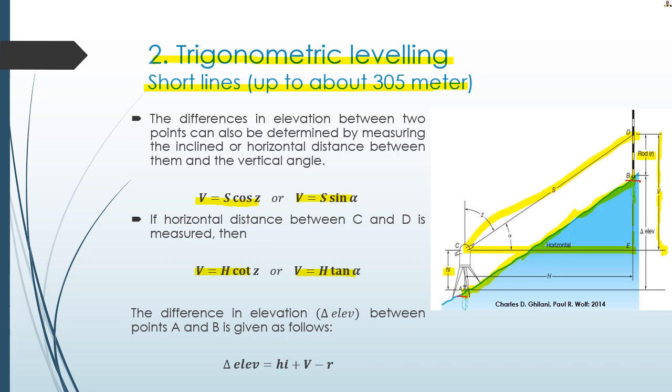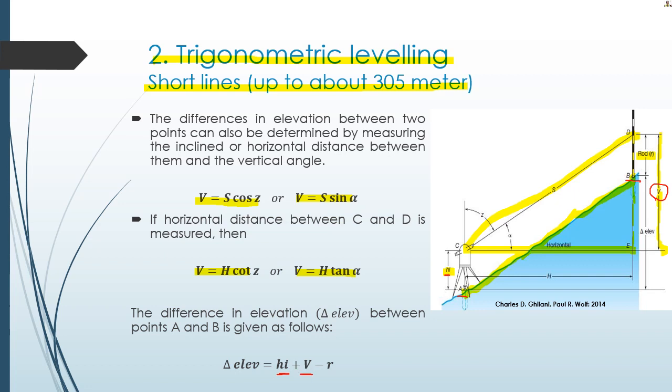So now let's look carefully. From A to B is actually the distance from A to the telescope level first, HI. And then we add the vertical distance from the telescope level to point D, which is V, already calculated from the previous step.